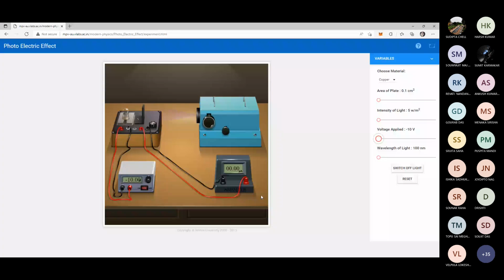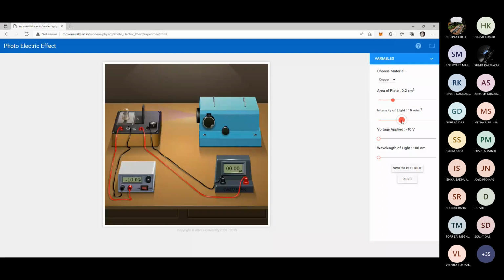Now you consider the area. We can change it, 0.1, 0.2, 0.3, 0.4, 0.5, up to that. We can consider a particular value, suppose 0.2. Then the intensity of the light, in watt per meter square, we can also change it.